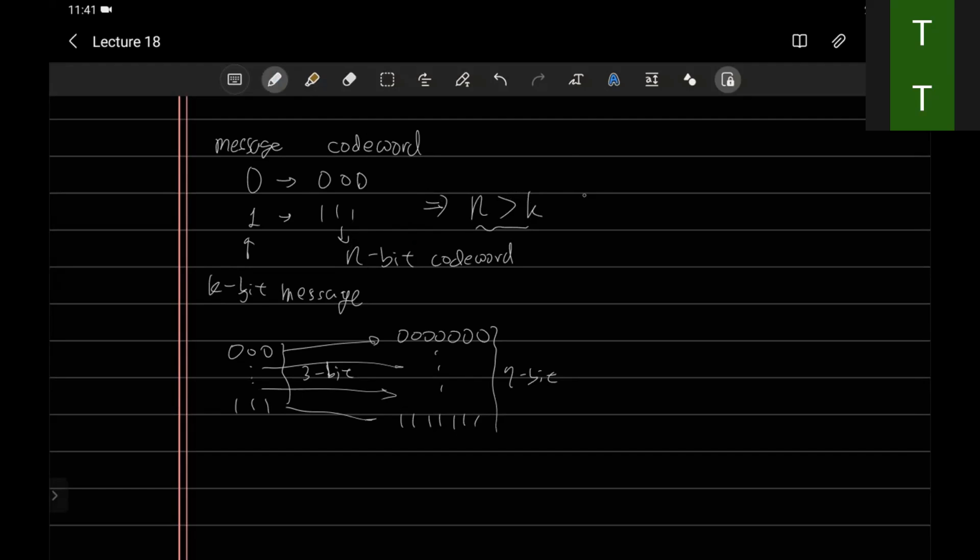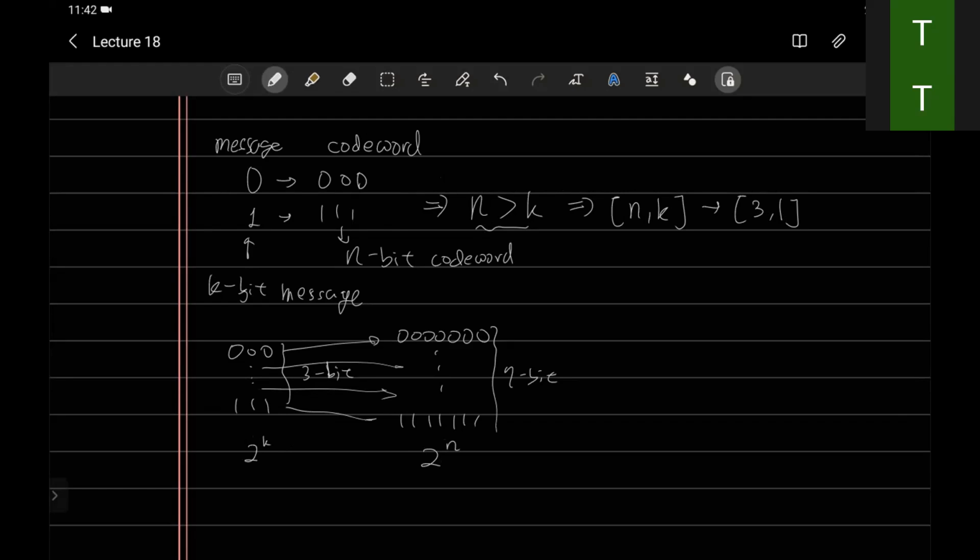But you can also see that there is a lot of redundancy in the code word, because all we want to represent is only the 2 to the k pieces of information, but to represent this small number of differences, we are using a much larger space, like 2 to the n. So we generally call this an (n,k) code. And specifically for this example, we are using a (3,1) code.